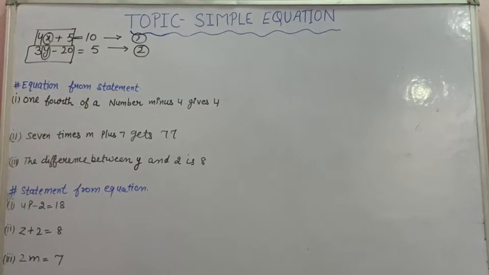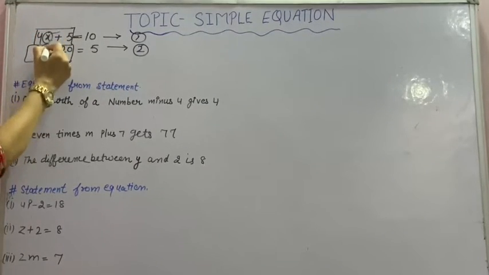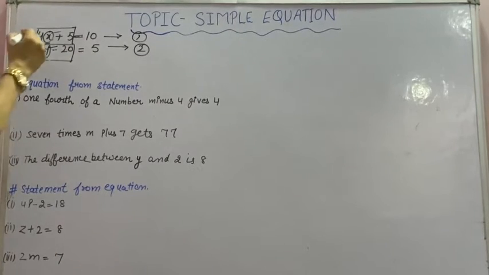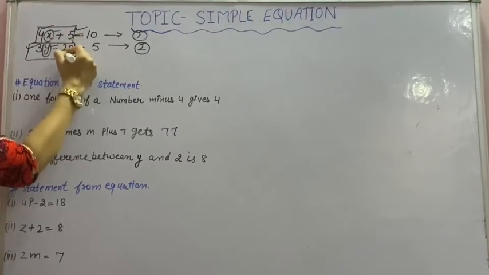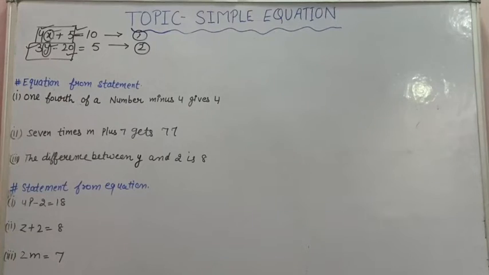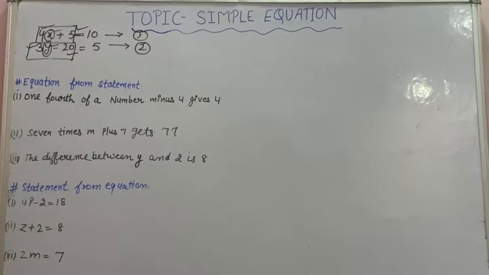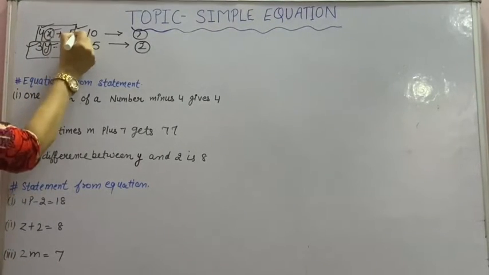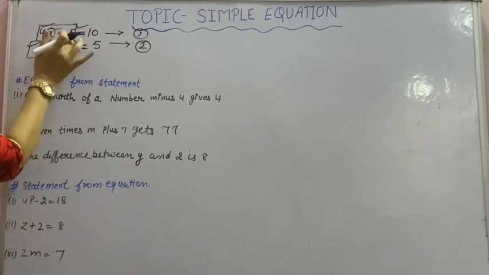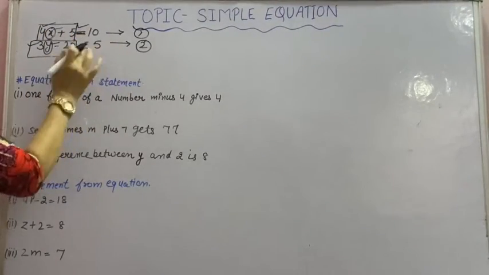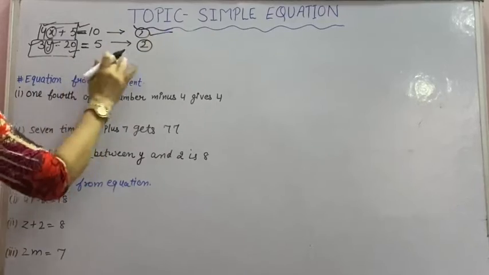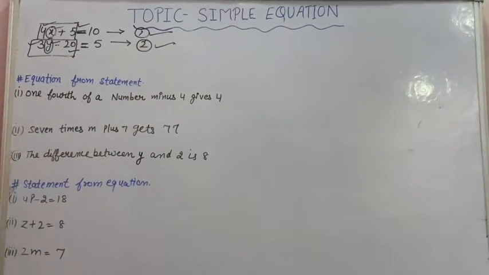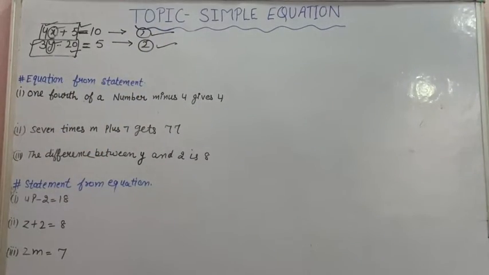That means in these expressions, x and y are the variables and 4, 3, 5, 20 are constants. Constants are fixed. Now, this is the first equation and this is the second equation. These are simple equations.